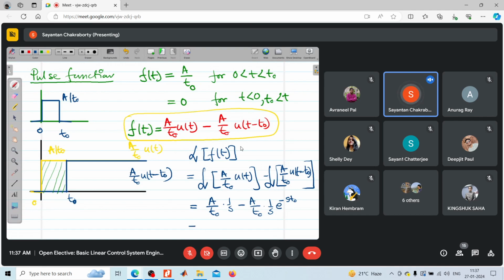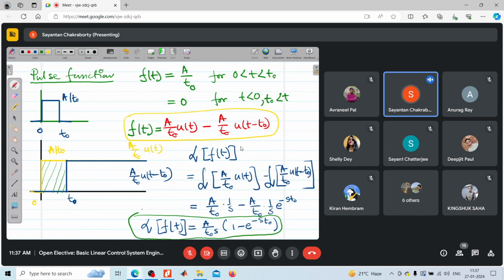So ultimately you can write this as a by t0 s times 1 minus e to the power minus s t0. This is how we can calculate the Laplace transform of a pulse function, right?